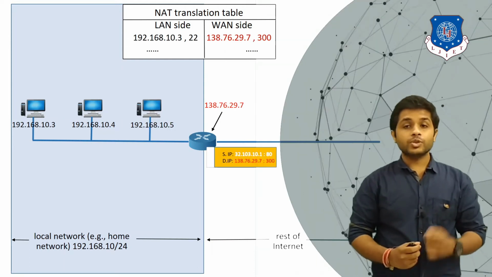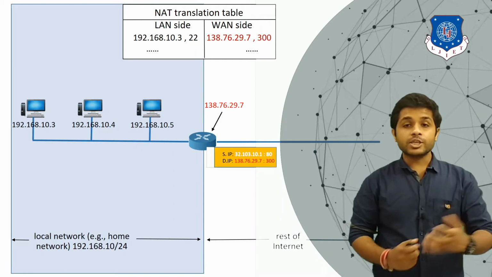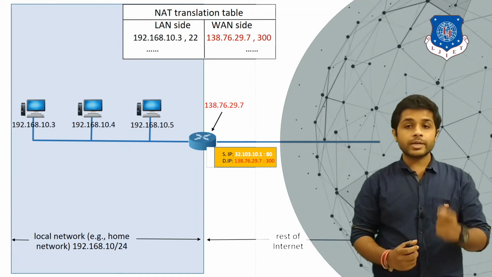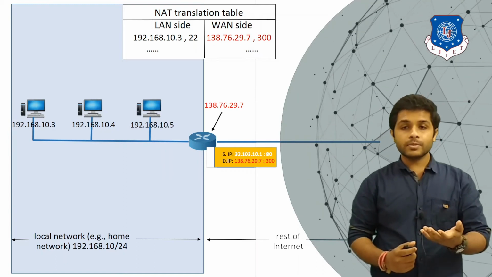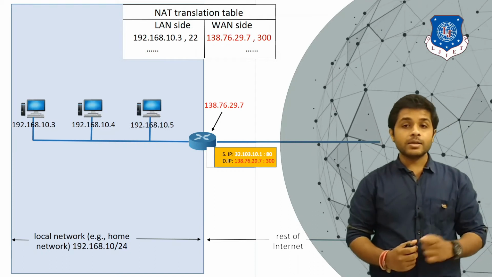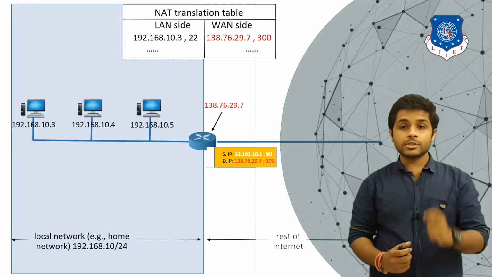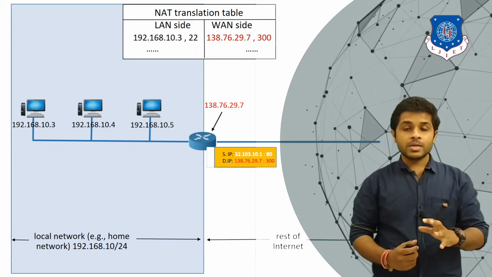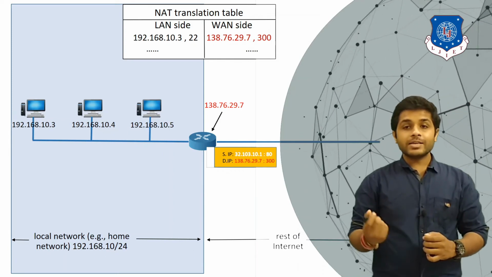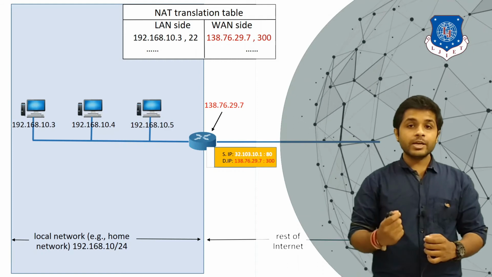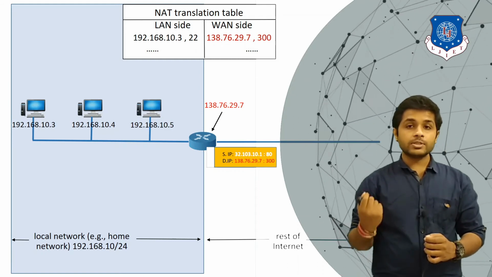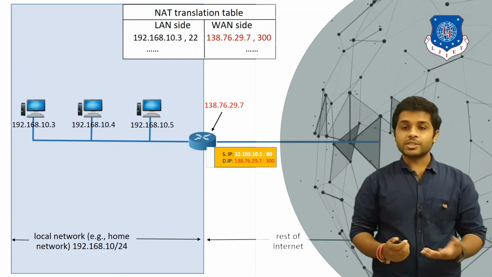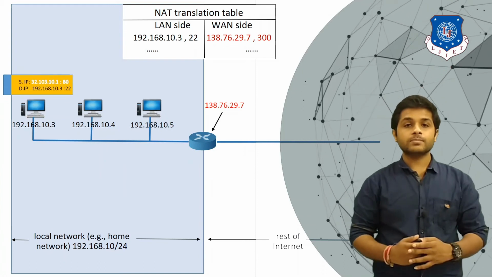The message received from the destination has source IP 32.103.10.1 and port address 80, and the destination IP is 138.76.29.7, port 300. So this is the IP of the router. Now the router knows that it converted the address from 192.168.10.3 to 138.76.29.7, so it will change the message and the message will be delivered to the device.